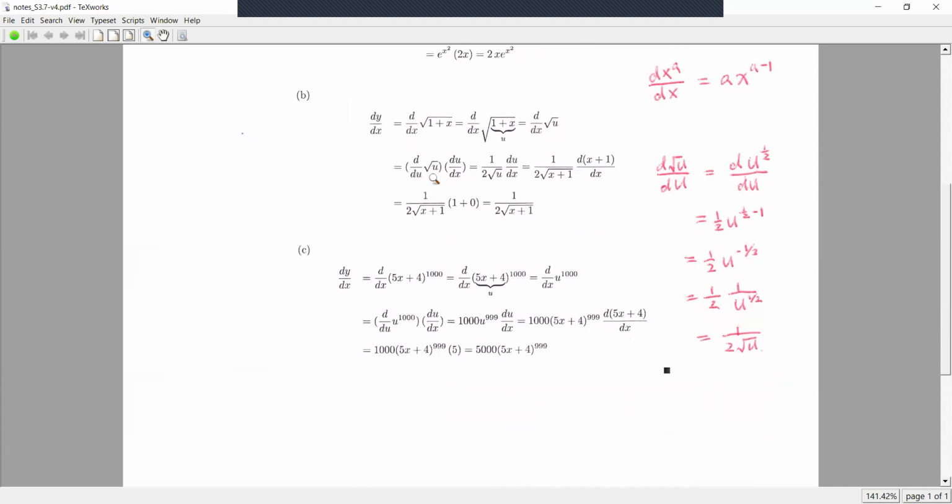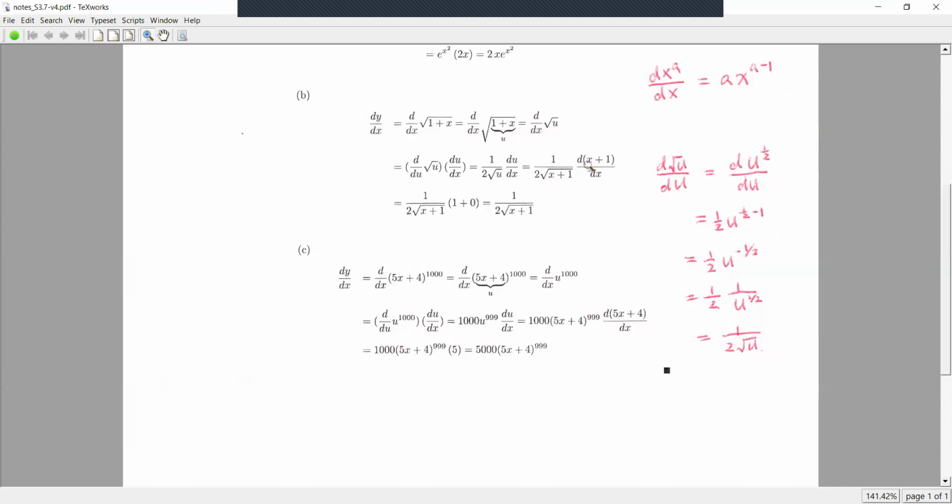Why is this derivative 1/2 times square root of u? The detail is here. Now, I remove the intermediate variable u by plugging 1 plus x in u. Then I have this equation.